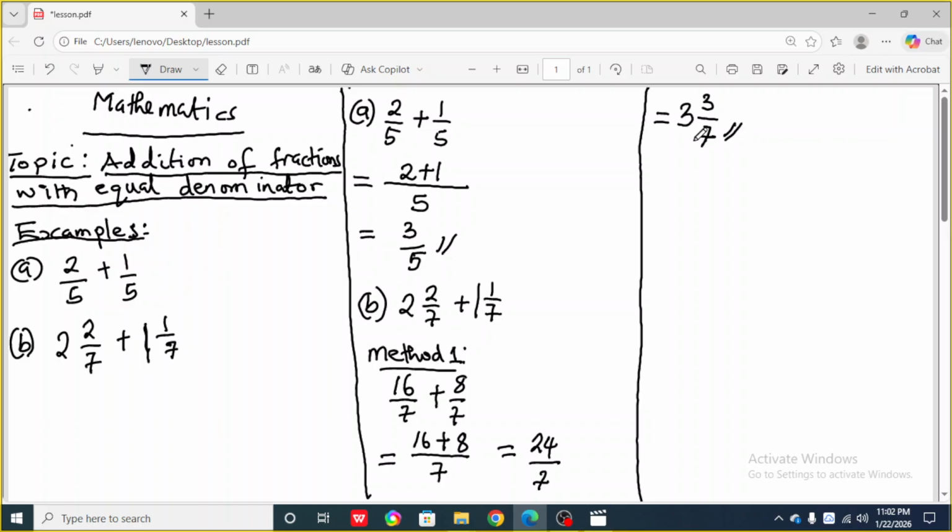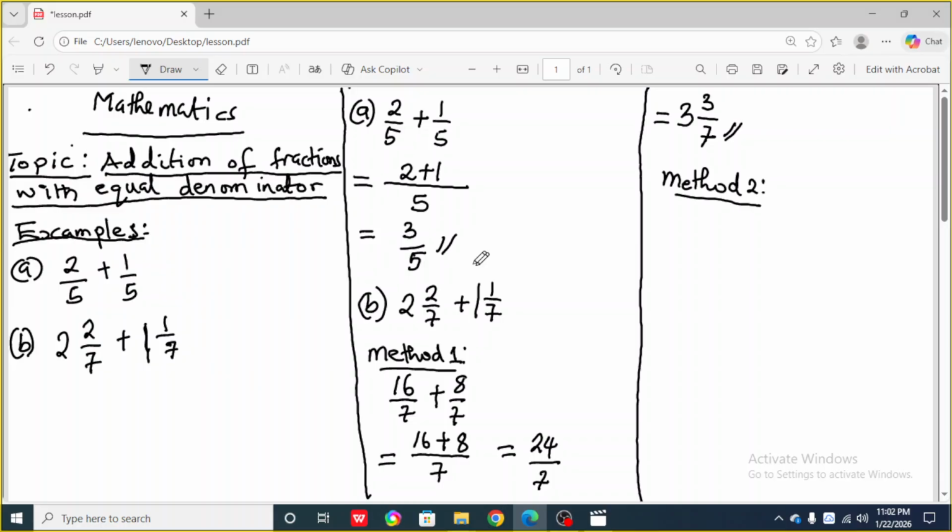So now let's consider the second method, which is method 2. In method 2, unlike in method 1, where we change the mixed fraction to improper fraction, in method 2 we are not going to do that.